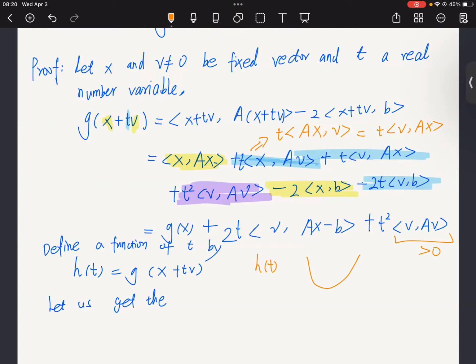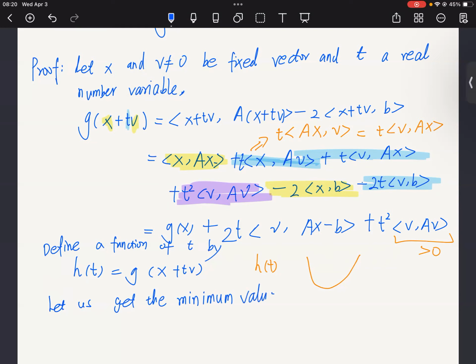You see that this is a positive number, and this is t squared. And usually we get a curve that looks like this, and this is saying that we have a minimum value. So let's get the minimum value of this h(t).